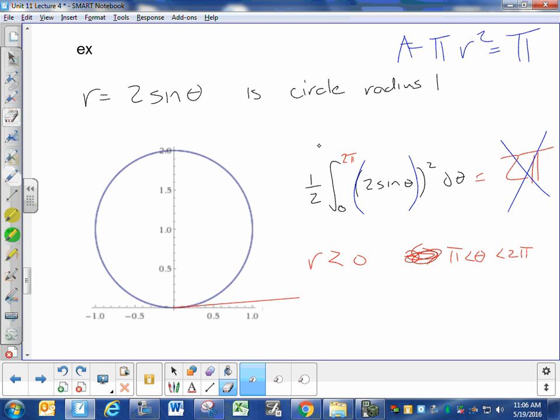So change this from 0 to 2 pi to 0 to pi and confirm that the area of that circle is just pi. Do we get pi? Good.